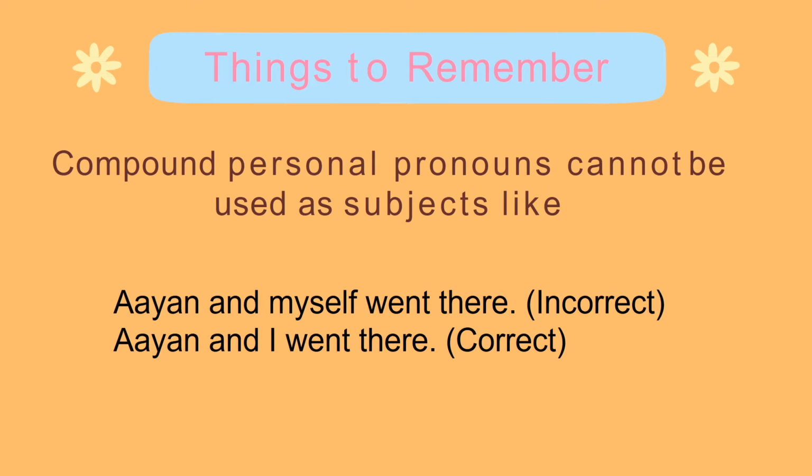So in place of myself, we should use I. So the sentence will be Ayan and I went there. This will be the correct sentence.